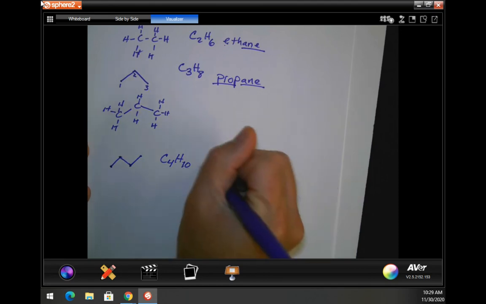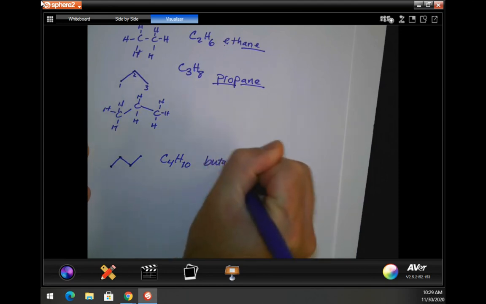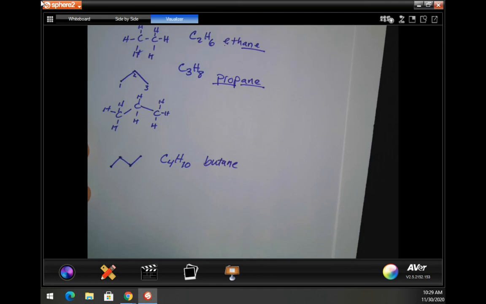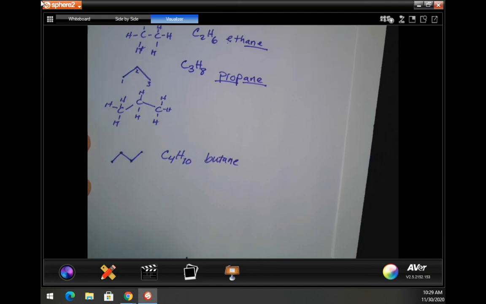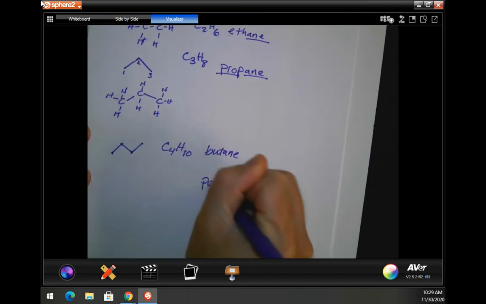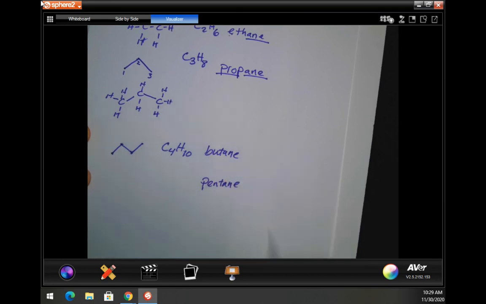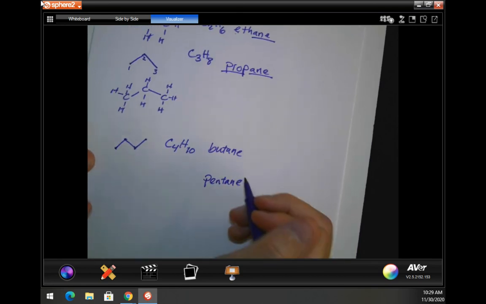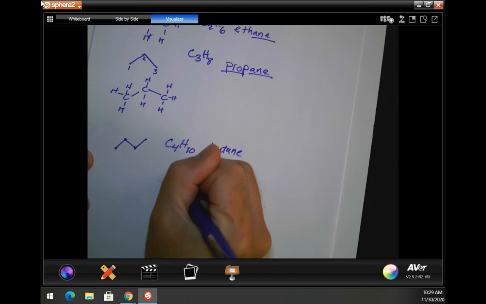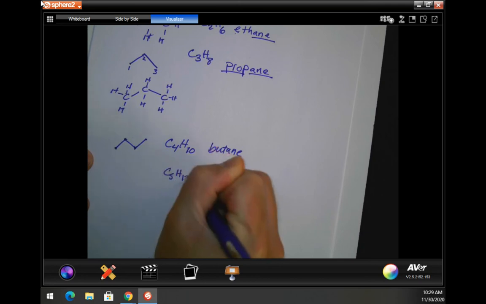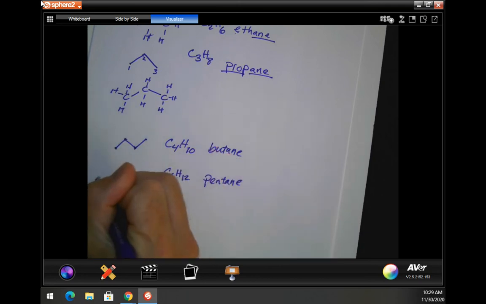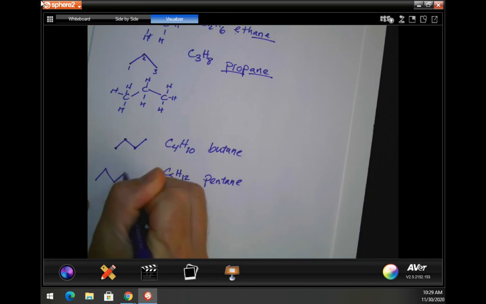So this is butane. Then let's do pentane. What does pent mean? C5H12. 1, 2, 3, 4, 5.